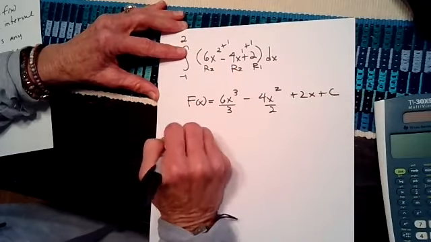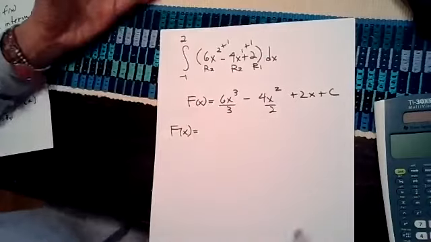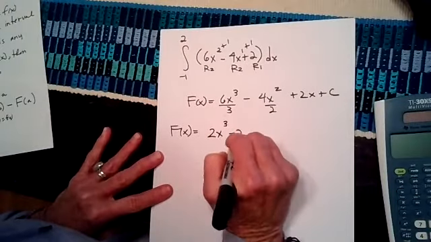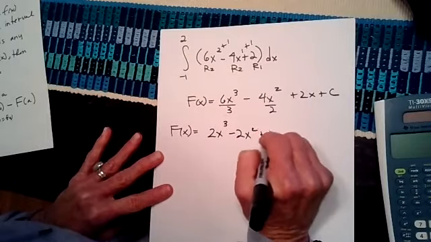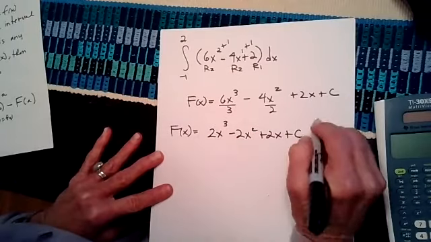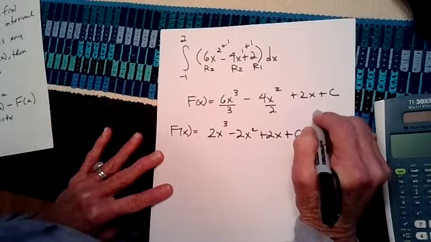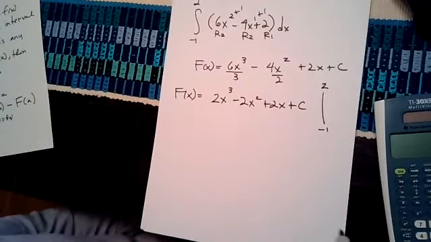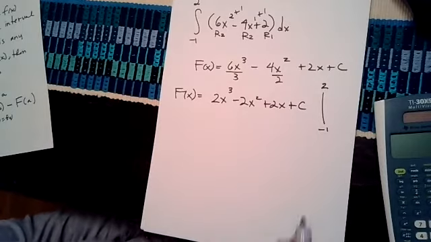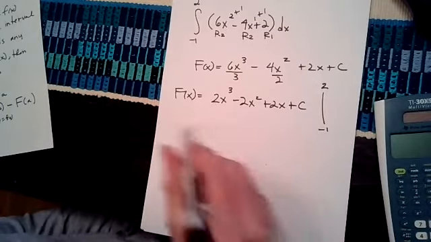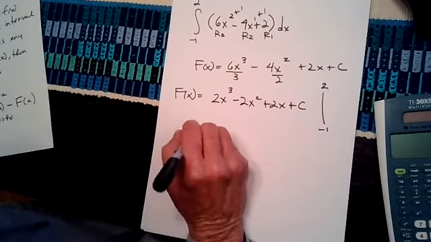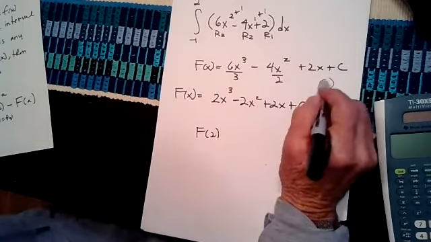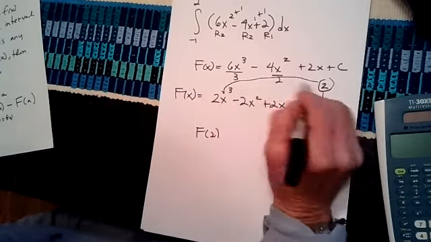So if I just write my antiderivative, sometimes we simplify it, sometimes we don't. 2x cubed minus 2x squared plus 2x plus c. And what we have to do is evaluate from -1 to 2. Okay, so this is where I'm really going to want you to use your calculator. But let's do this. We're going to plug in, always it's the top first. So I'm going to take 2 and I'm going to plug it in for x.